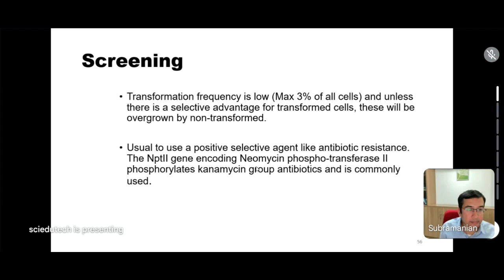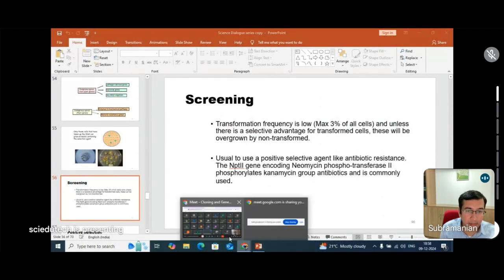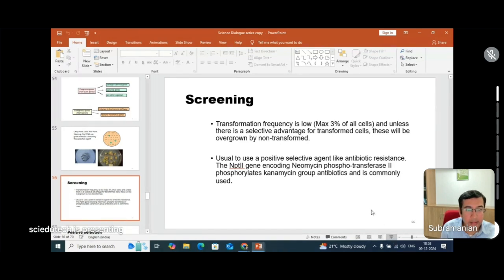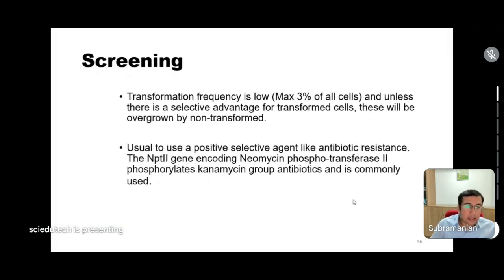Next slide, please. Transformation frequency is usually very low when you use Agrobacterium mediated transformation. Its maximum is like 3% of all cells being transformed. Unless there is a selective advantage for transformed cells, these cells will be overgrown by non-transformed cells.